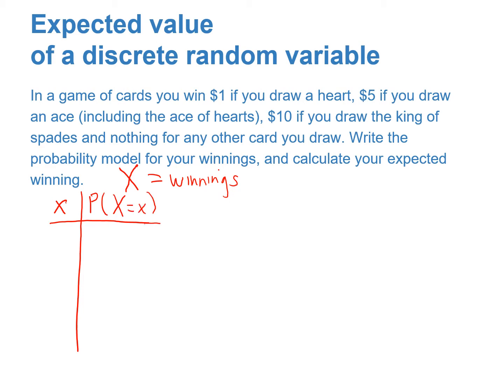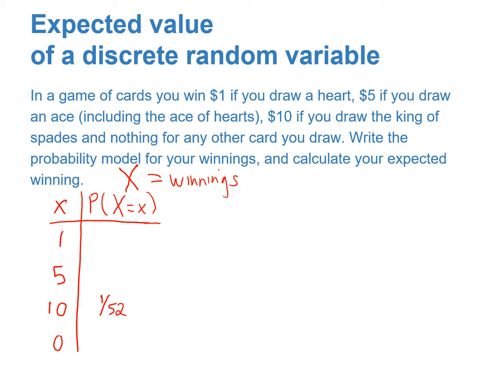So we know right away that we can win $1, $5, $10, or nothing. Now the $10 is only if you draw the king of spades. Since there are 52 cards in a deck and only one of them is the king of spades, the probability of winning $10 is 1 out of 52.